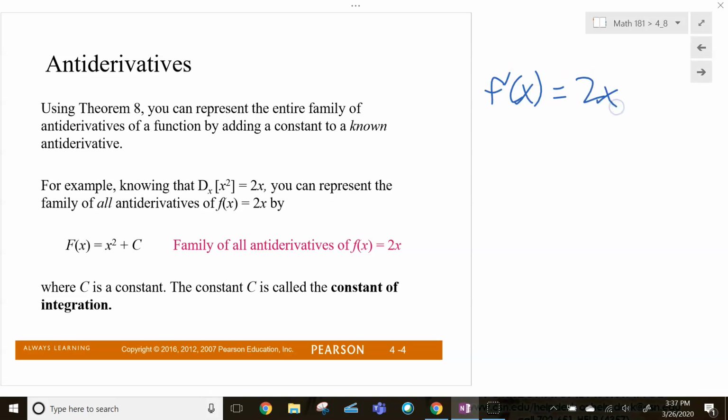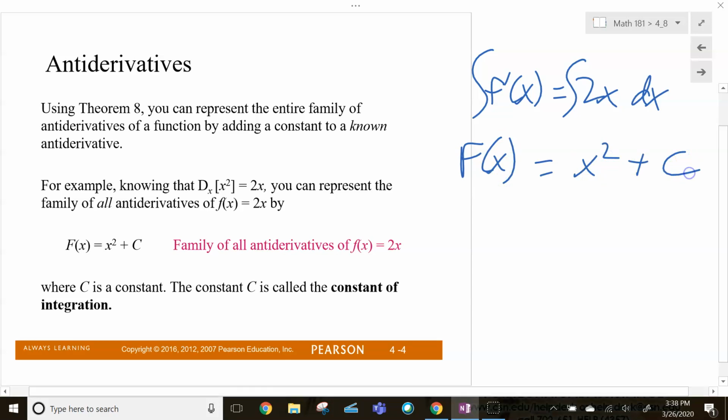What function gives you 2x? If I take the antiderivative of 2x, it would be x squared plus any constant. It doesn't matter what this number is, because when I take the derivative, I get 2x.